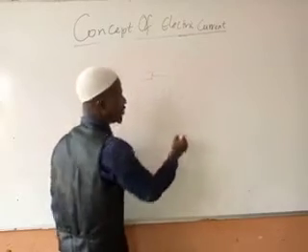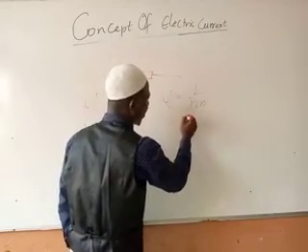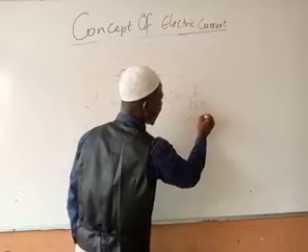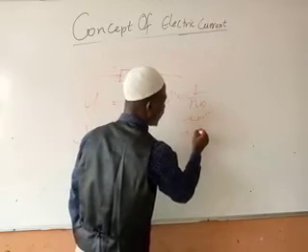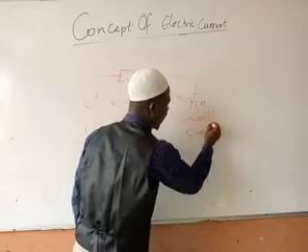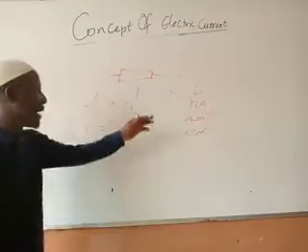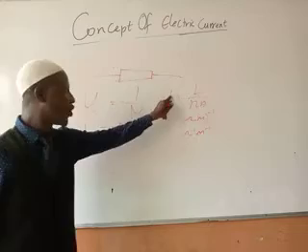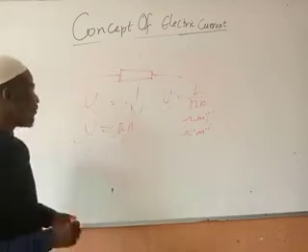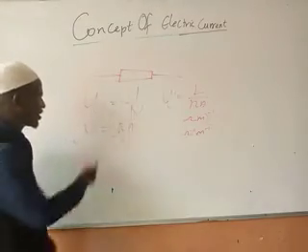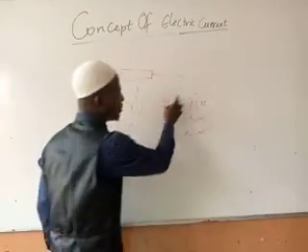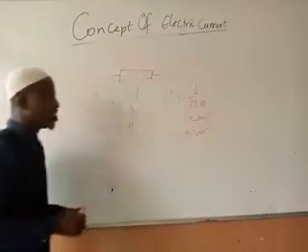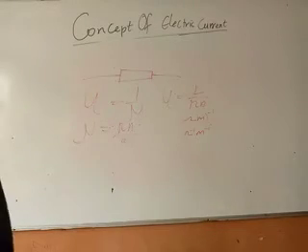Its own unit will now be per ohm meter, or you say per ohm, per meter, any one. So conductivity is inverse of resistivity. This is resistivity, which is RA over L. Conductivity will be L over RA. So the next topic will be on arrangement of resistor and cell in a circuit.